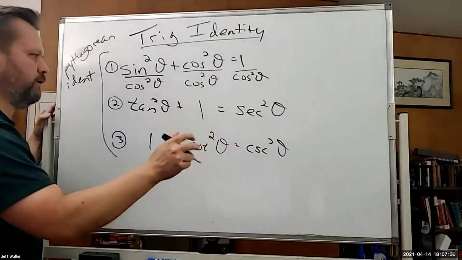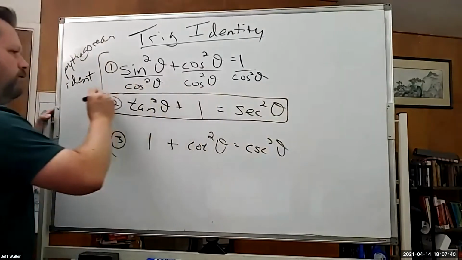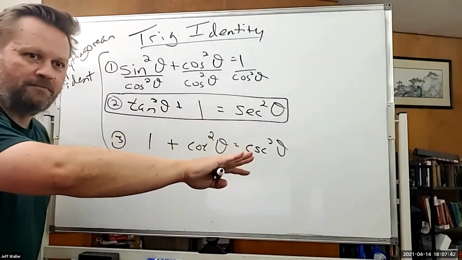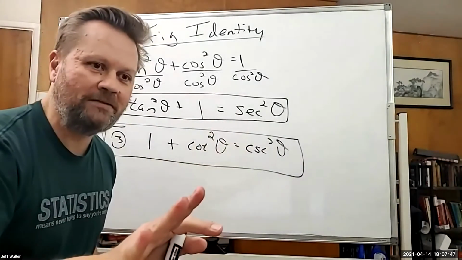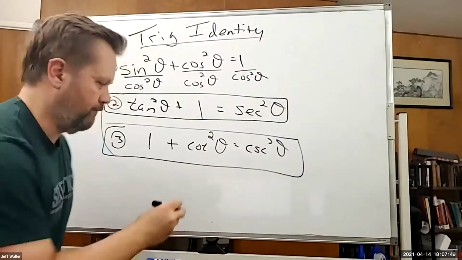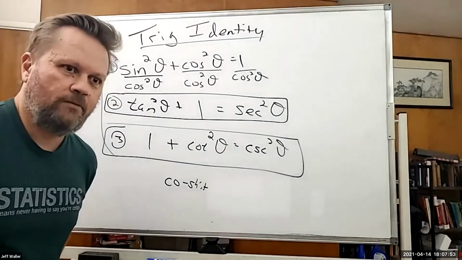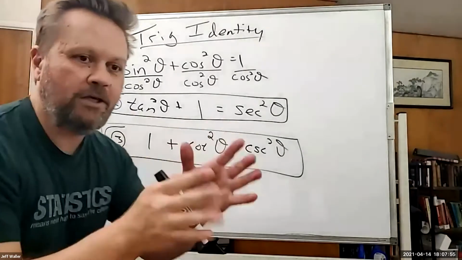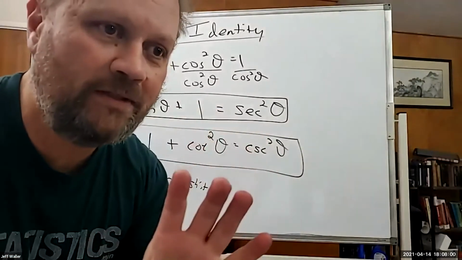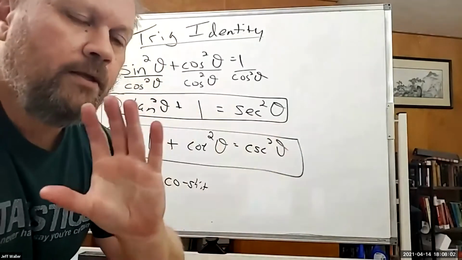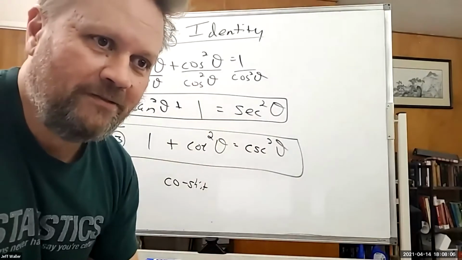Do you guys notice this identity has no co stuff, and this identity has only co stuff? Do you understand what I'm saying? This identity has only co stuff in it, and this identity has no co stuff in it. This is a little thing to help you remember these because you have to memorize these for sure.